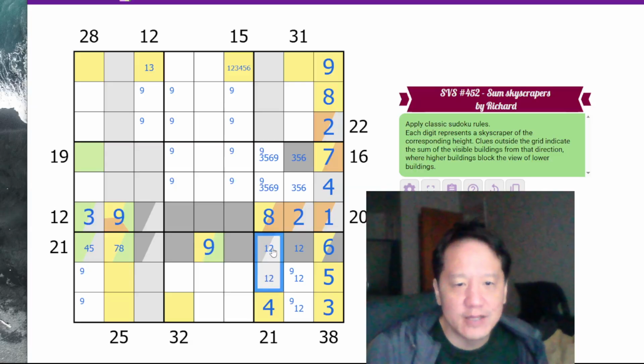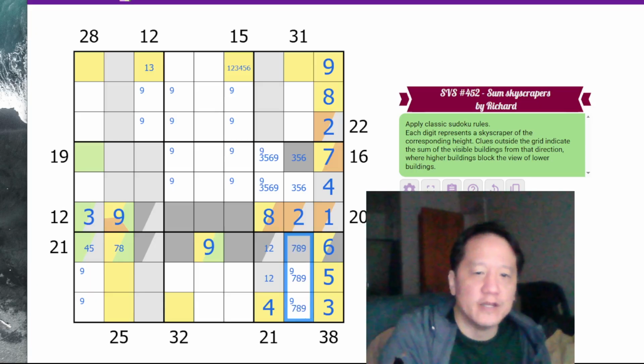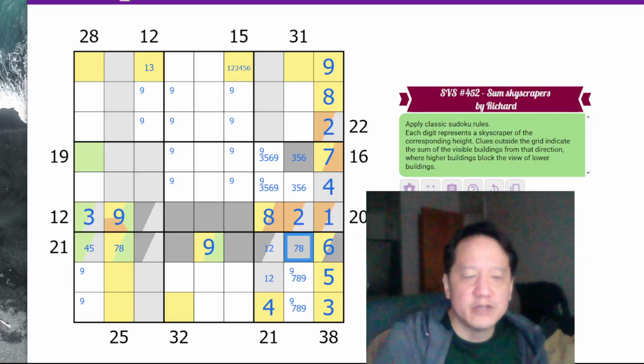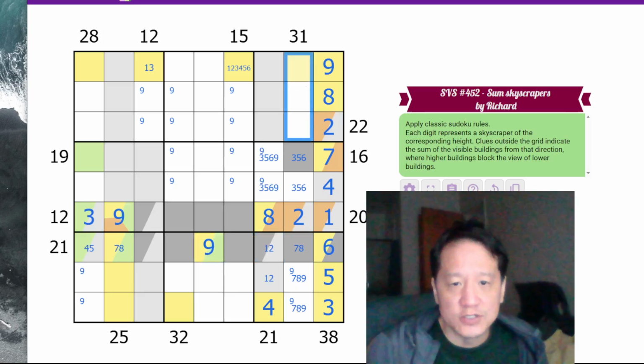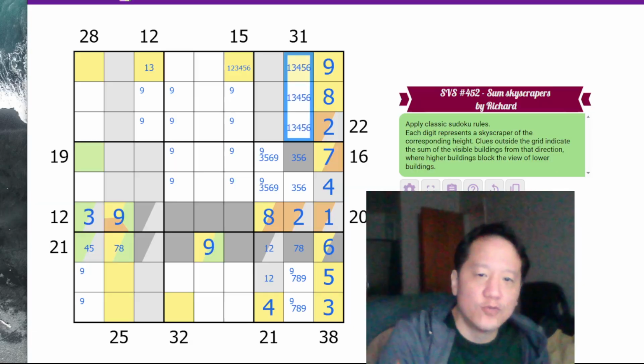So this has to be less than 4 here, and 3 is already guaranteed. Therefore, this is a 1, 2 pair. So this cannot be 1 and 2. We have 7, 8, and 9 remaining here. This can't be 9 because of 9 in the row. That leaves these digits as 1, 3, 4, 5, 6 here.